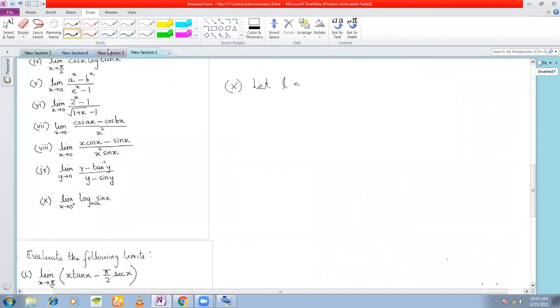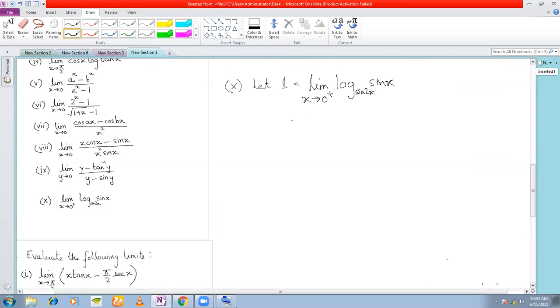This is limit of x tends to, this is a right hand limit, so that is by 0 plus. If you remember, I had defined right hand, left hand limits earlier. In class 11, I had defined.